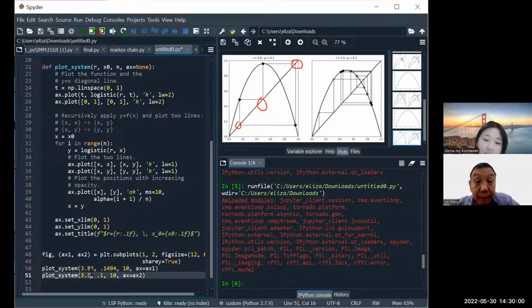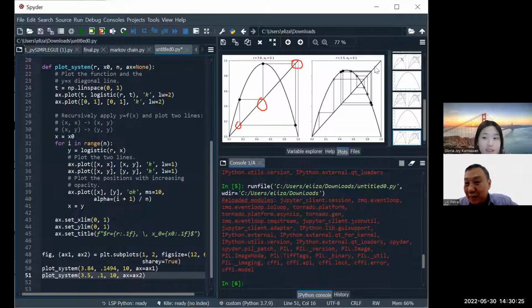Sir, I don't understand. The higher the mu means the higher the growth rate, right? Yeah, but then why does the higher the mu, the fewer the cycle? No, the higher the mu is the larger the cycle.